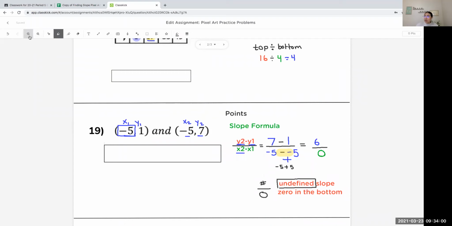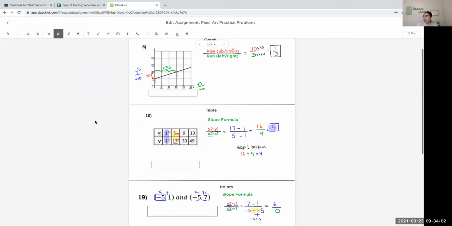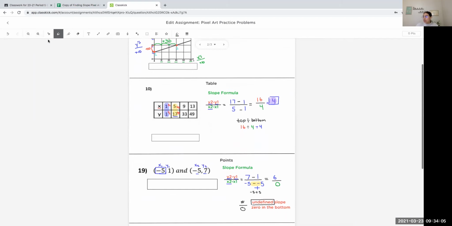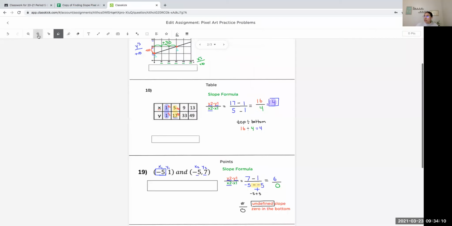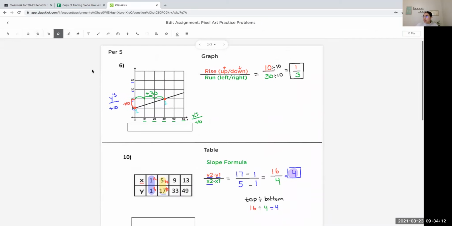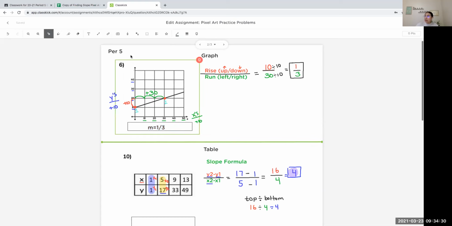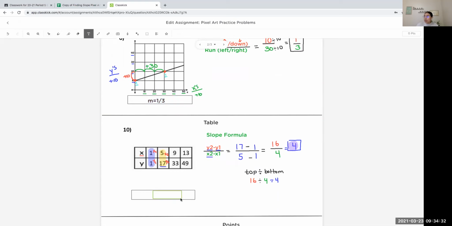Yes, I am going to zoom out now. Some of you are asking for a screenshot. I forget that if I zoom out that much, you can't see it. That's too much. So I'll let you take a screenshot of the top 2 first. Before you do that, I want to make sure that you have an example here. When you're typing in your answer, make sure you put in m equals 1/3. That should turn black to give you the correct one. Let me type in your answer here, m equals 4.